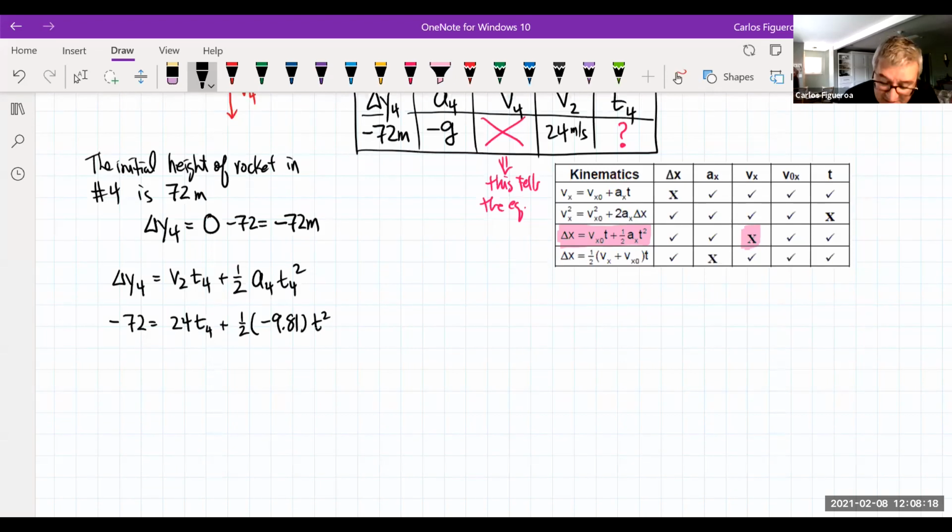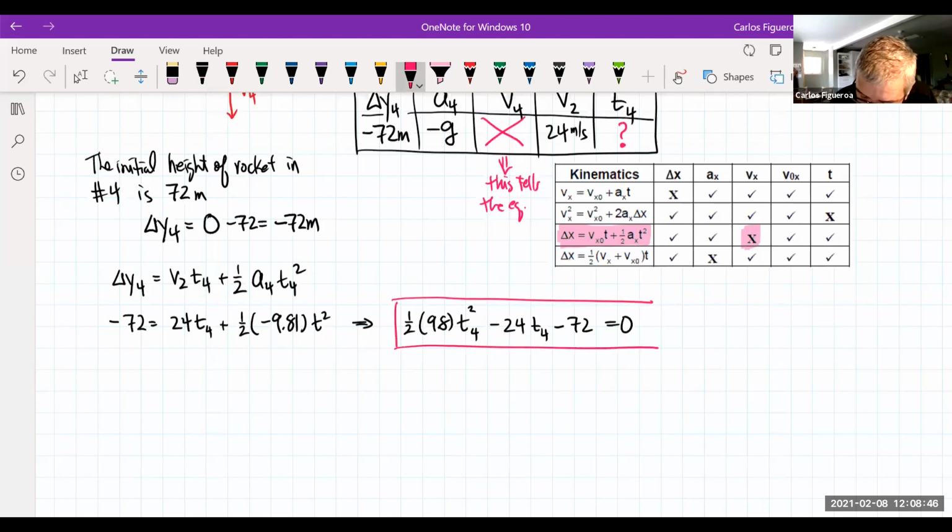And if I clean this up a little bit, since I have two negative signs, I'm going to write 1/2 9.8 T4 squared minus 24 T4 minus 72. I'm pretty sure the signs look good to me. But again, you should never trust me.